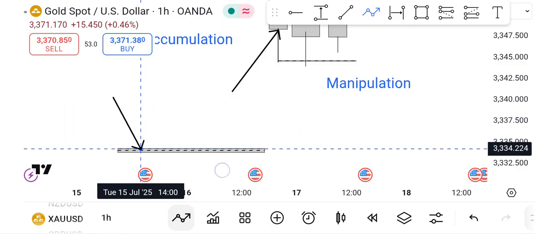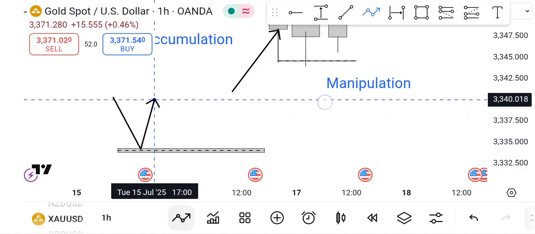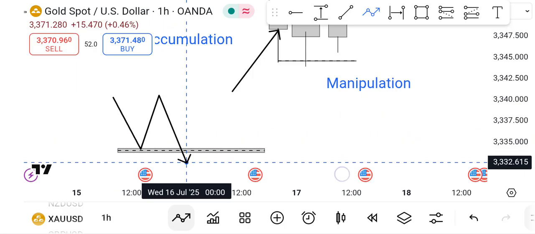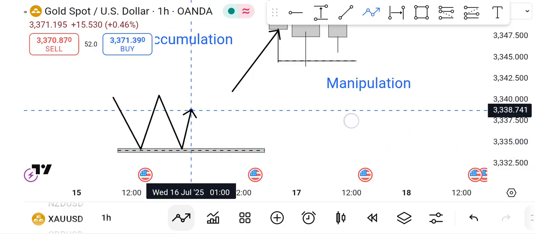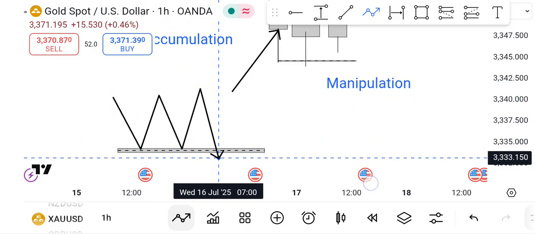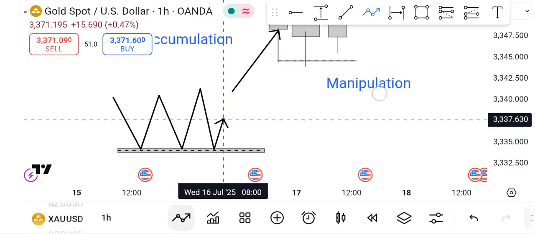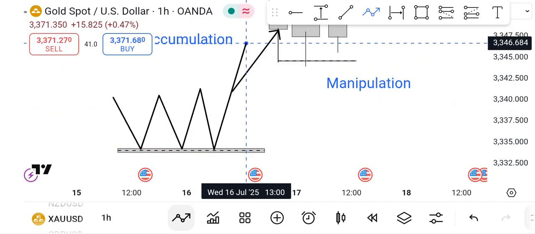The buyers come to that level, they go up again. So this is the support. The buyers are willing to step into the market and they push the market upwards.